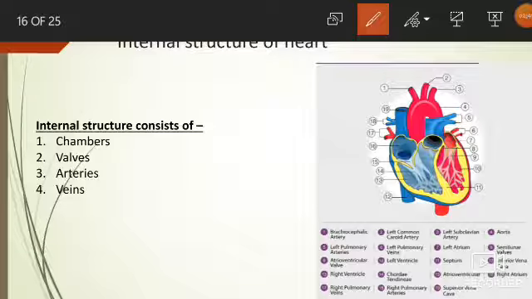Similarly, in between the left atrium and left ventricle, the septum name is the same, atrioventricular septum. But these septa are guarded by valves.